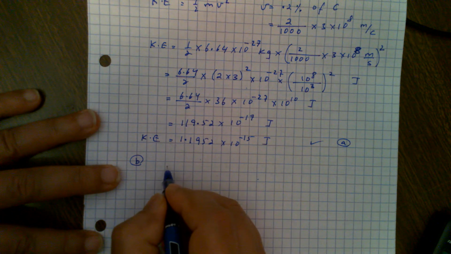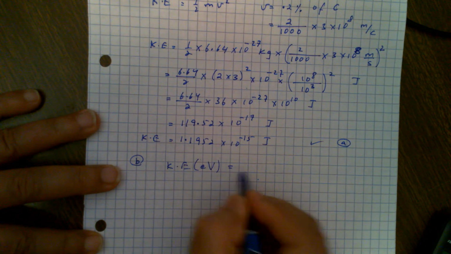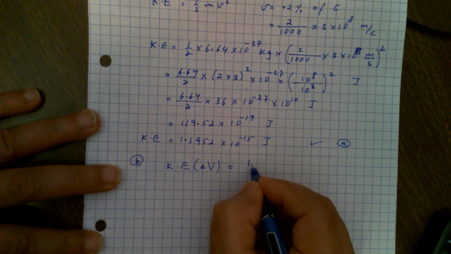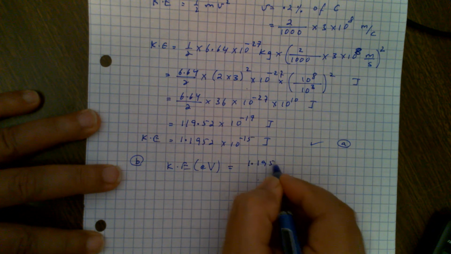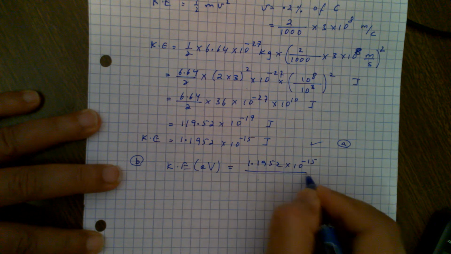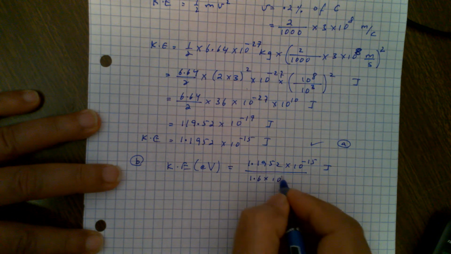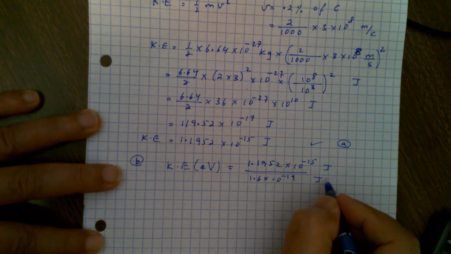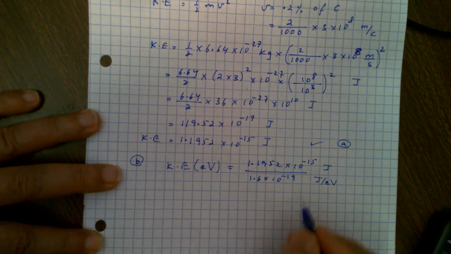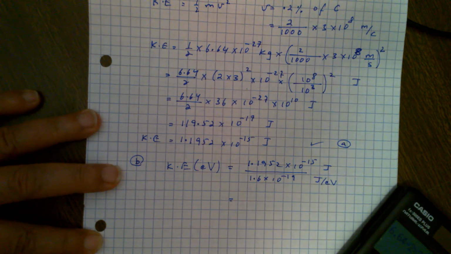So the kinetic energy in electron volt is 1.1952 times 10 to the power negative 15 joules divided by 1.6 times 10 to the power minus 19 joules per electron volt. Right? So then the answer will be, let me do this.